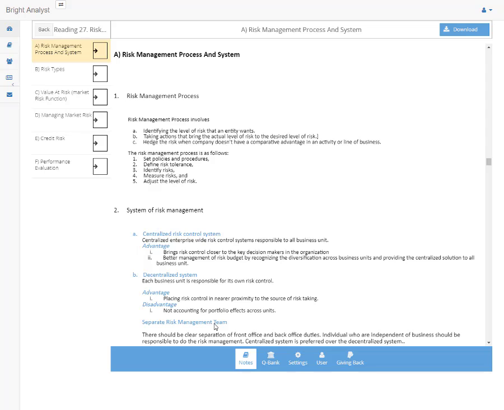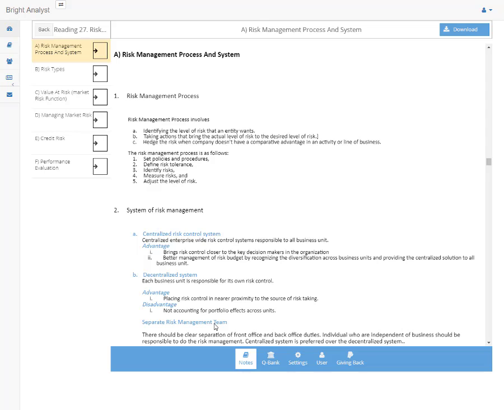Risk management is essentially a separate unit within the entire organization, which is involved in performing the risk management functions.